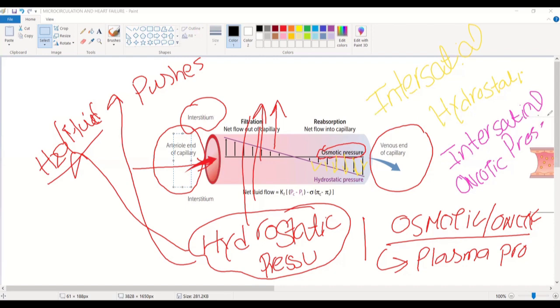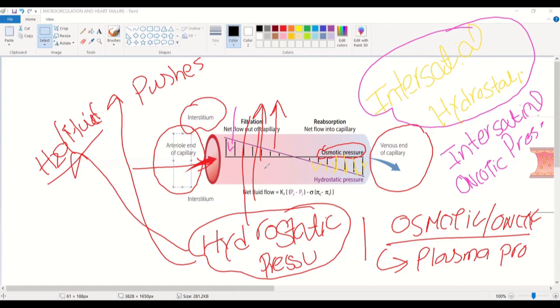Interstitial hydrostatic pressure pulls fluid toward the capillary, and capillary hydrostatic pressure pushes fluid out of the capillary, right? So the interstitial pressure and capillary pressure work in opposite directions. Does it make sense? Yes.